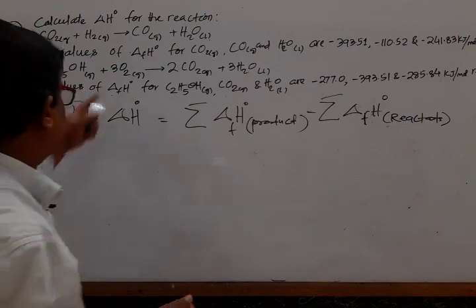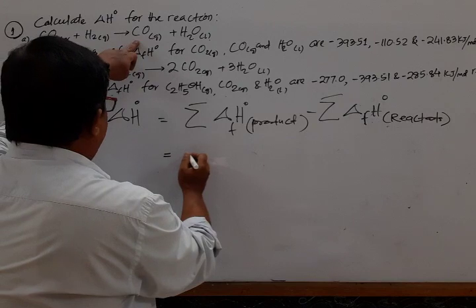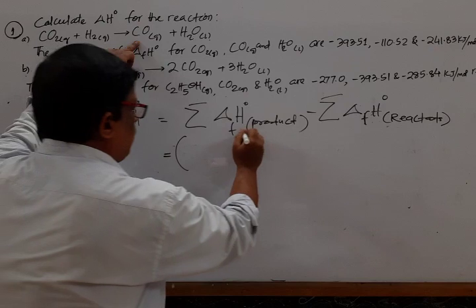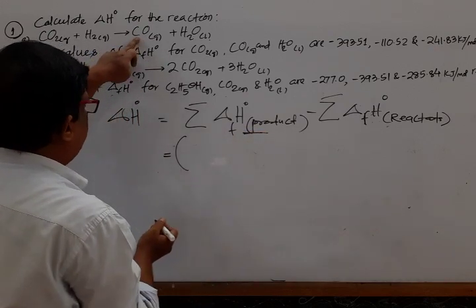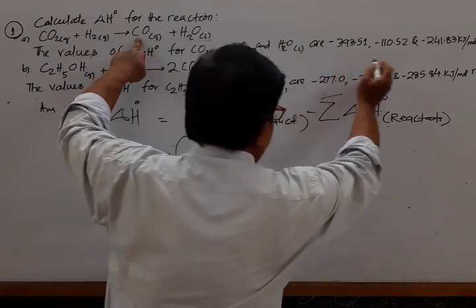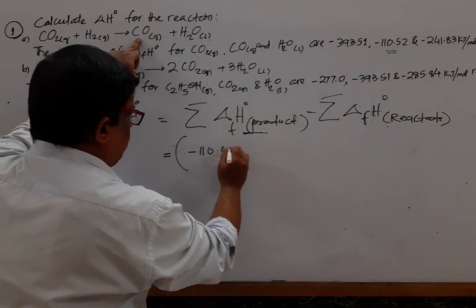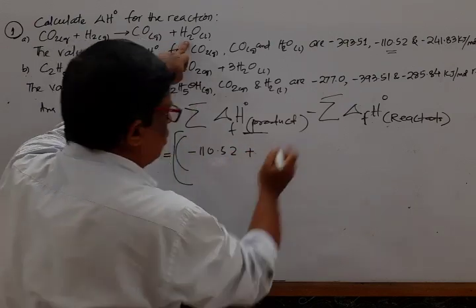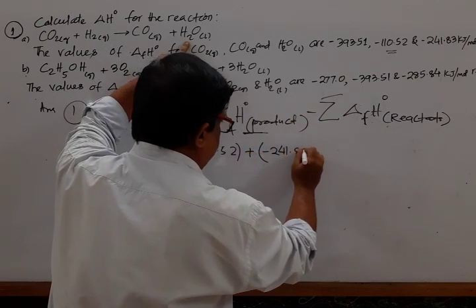Here, if we apply this, the products are carbon monoxide, enthalpy of formation of CO equal to minus 110.52, plus enthalpy of formation of H2O equal to minus 241.83.